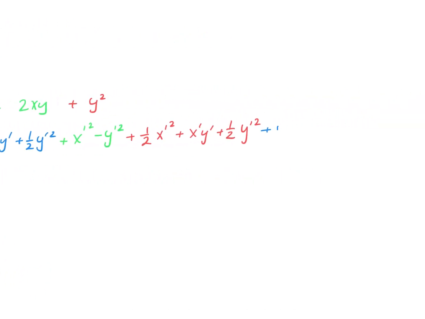This term is a minus, excuse me, it should be a minus. That should be a minus the square root of 2 x. So it'll be minus the square root of 2. My x replacement was the square root of 2 over 2, my x prime minus my y prime.